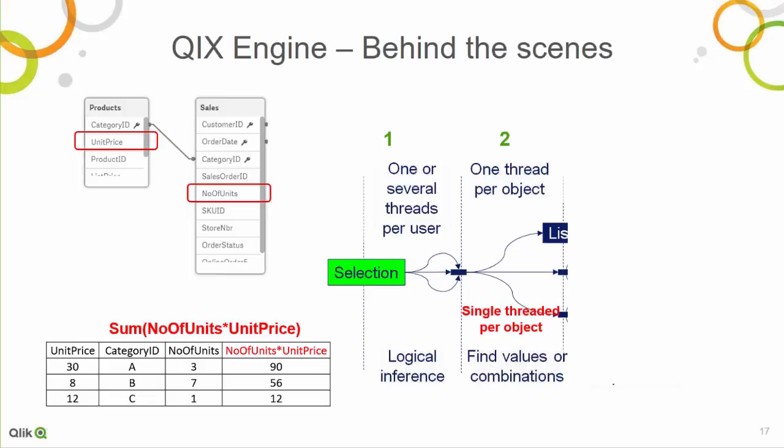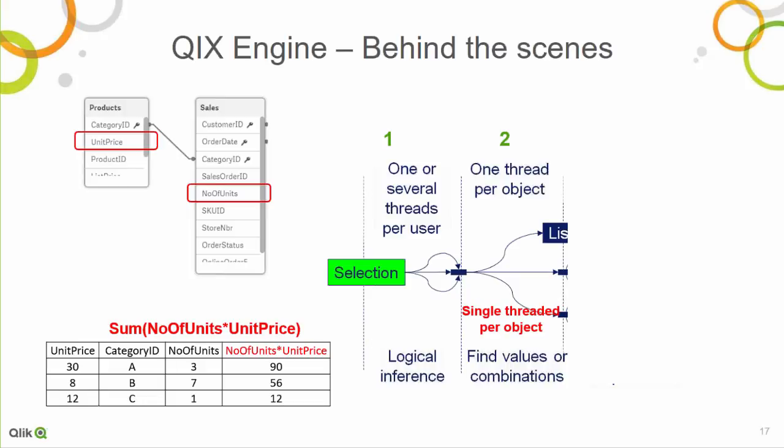In the second step, the engine will calculate for all the objects. It will do the calculation also in two steps. Step 2 is to create all the possible combinations of the values of all the fields that are involved in this aggregation. In this case, you have two fields, number of units and unit price.